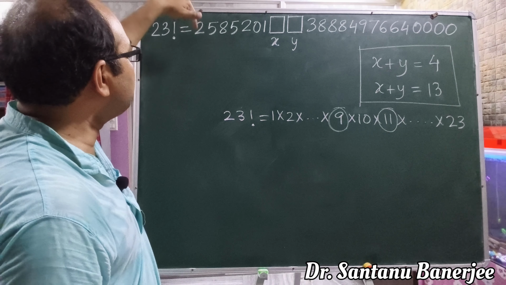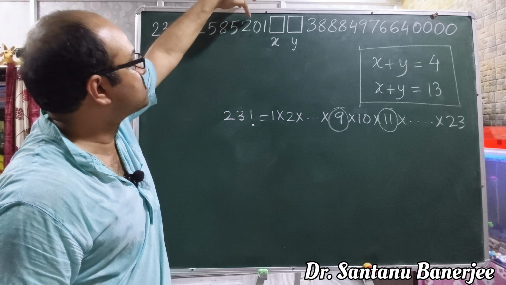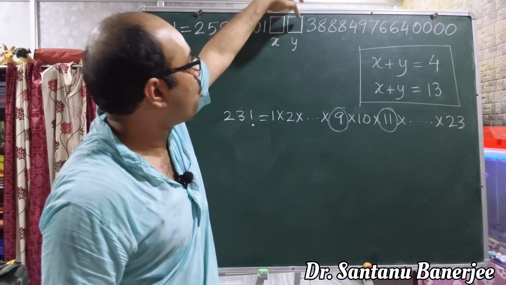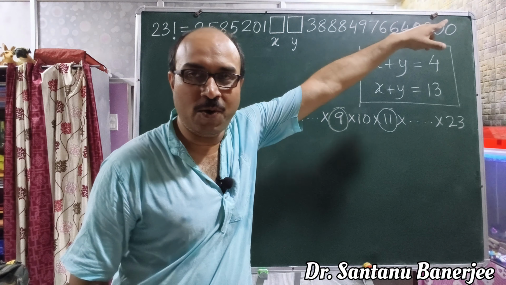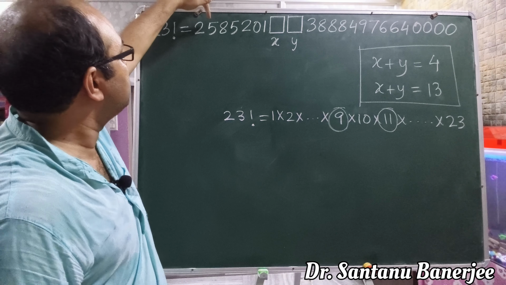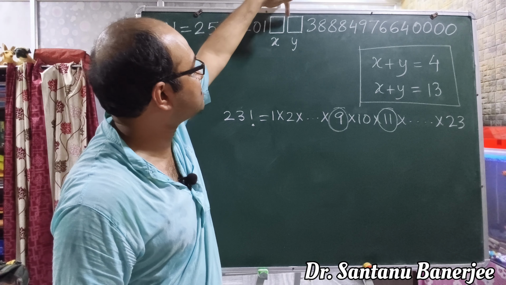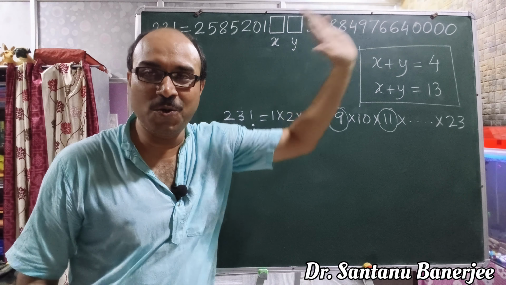That is, you add up the odd placed digits, 2 plus 8 plus 2 plus 1 plus y plus 8 and so on, minus the even placed digits addition, 5 plus 5 plus 0 plus x plus 3 and so on.